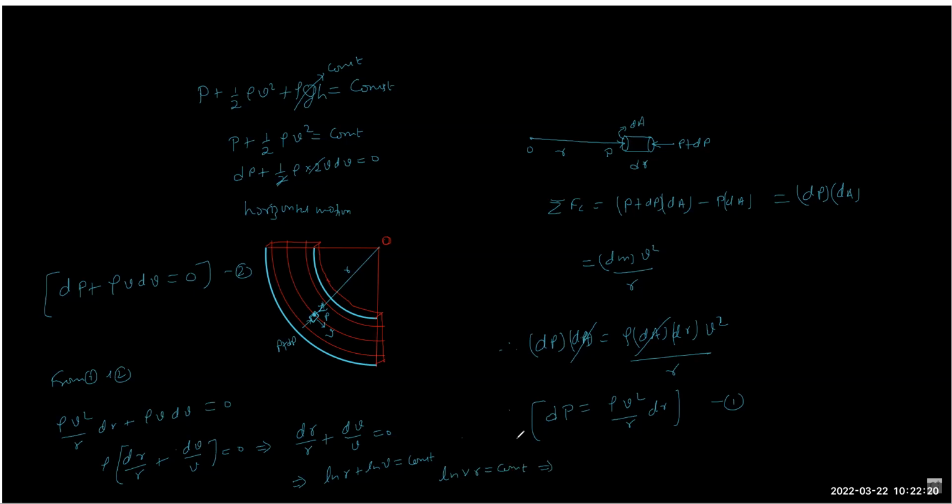This implies v into r is constant, which means the graph between v versus r will be a rectangular hyperbola. So as r increases, velocity will decrease. So it's a maximum near the smallest radii.